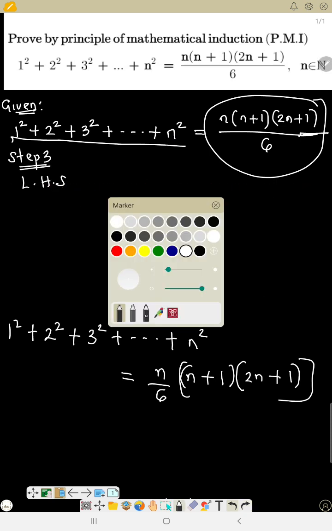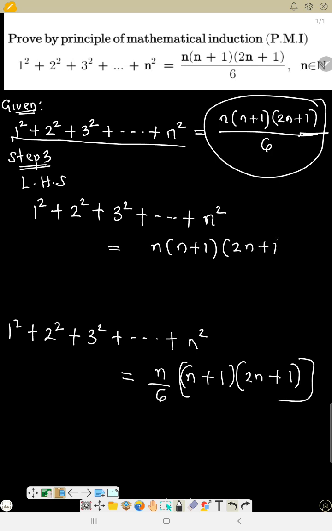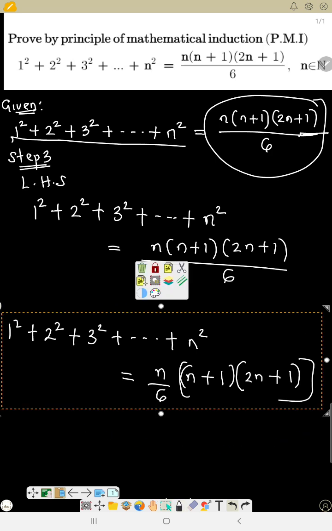So finally I have 1 square plus 2 square plus 3 square plus n square equals n plus 1 times 2n plus 1 divided by 6, which is equal to the right hand side.